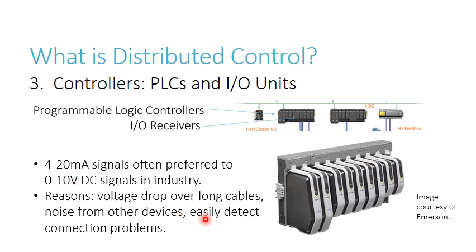Another reason why you might prefer the current is because it's easy to detect connection problems. If you have a short circuit in your voltage signal, you'll be seeing 0 volts at the I/O unit, but you can't really distinguish that easily between the 0 volts that would be just a standard low measurement and the 0 volts from a short circuit.